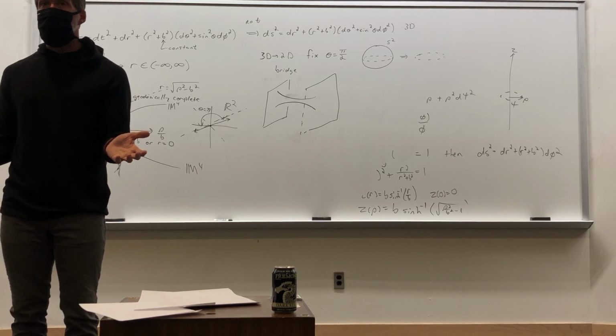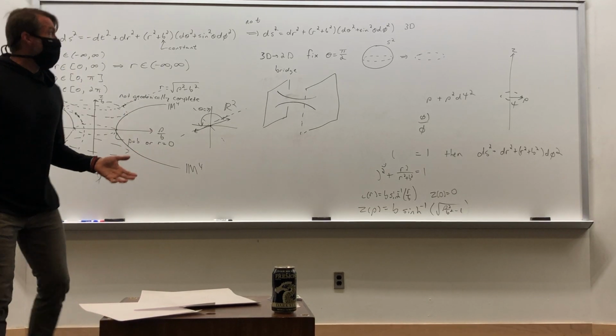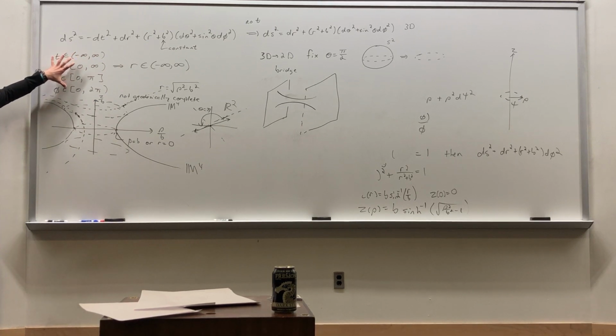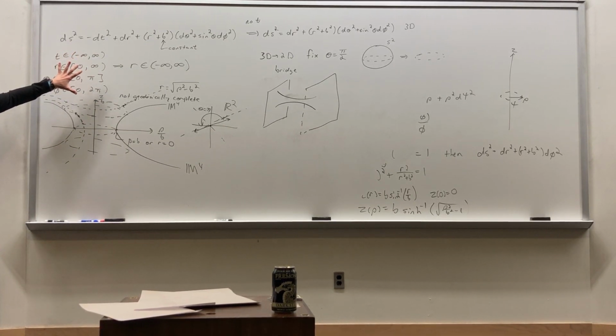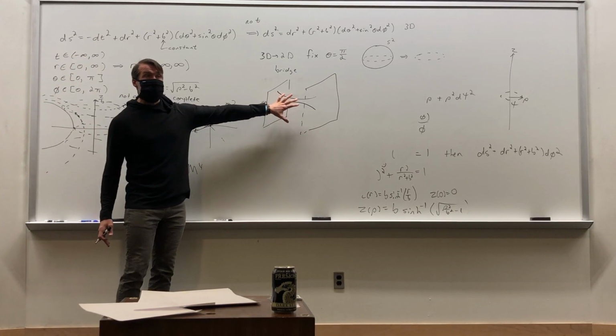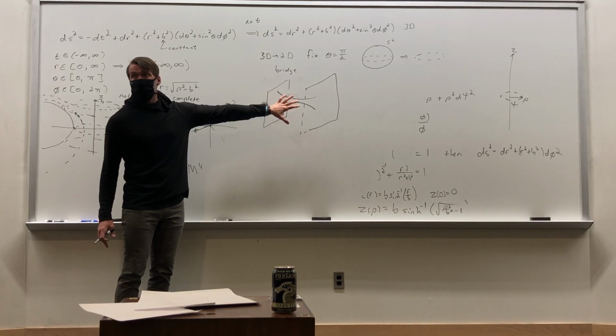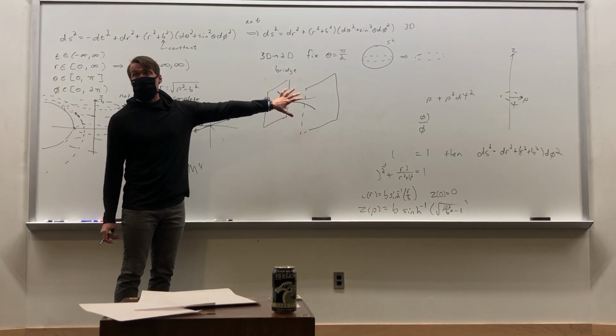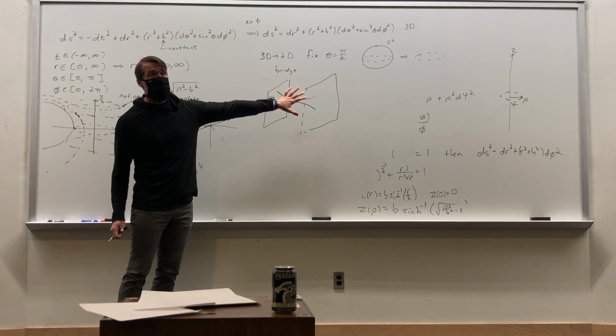And it's a better solution than this, because this was geodesically incomplete. This solution is geodesically complete. And I'm going to come back to that in a few minutes, and it's going to mean a lot. That's why I keep harping on it.